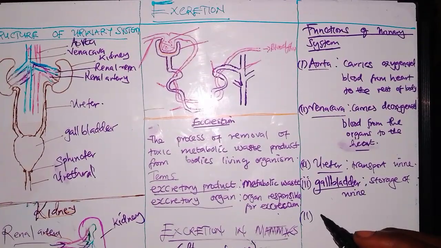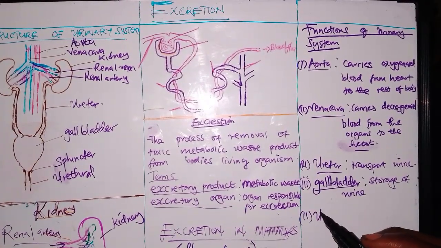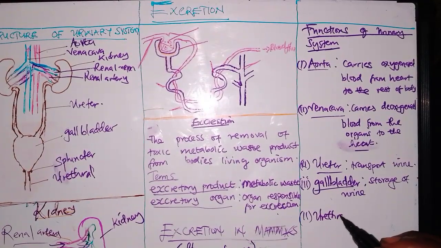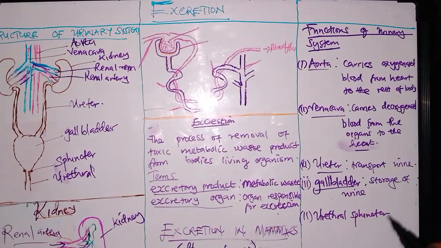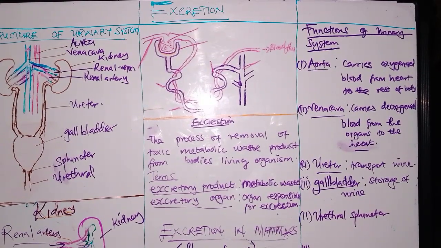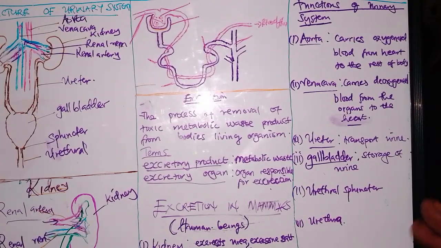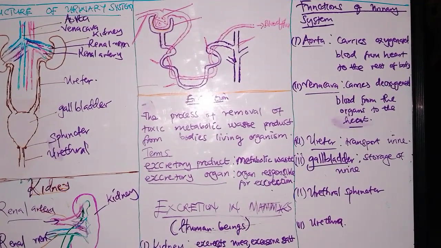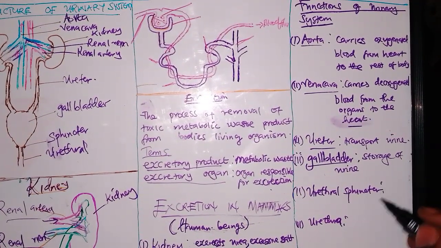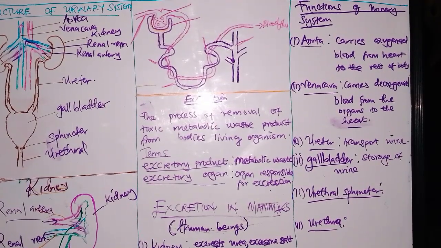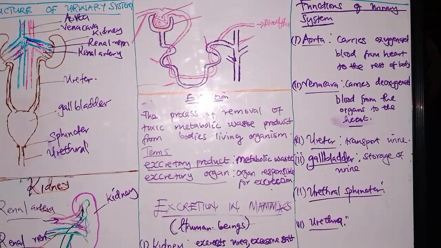So these are the final structures which we are going to look at. We have the urethral sphincter, and last we have the urethra. Yeah. So these are the two structures which you need to know and understand.